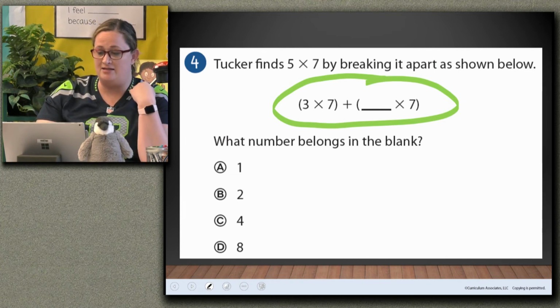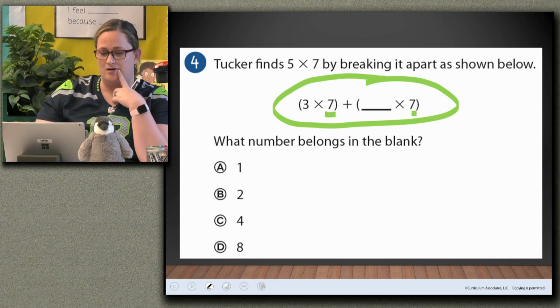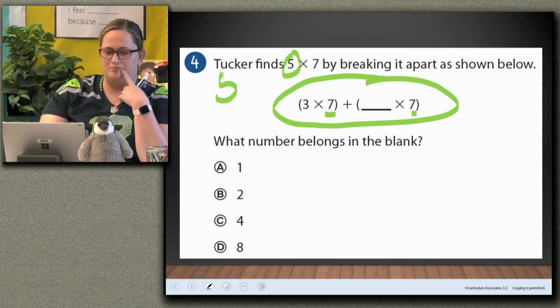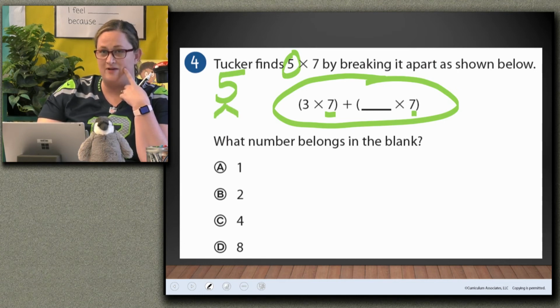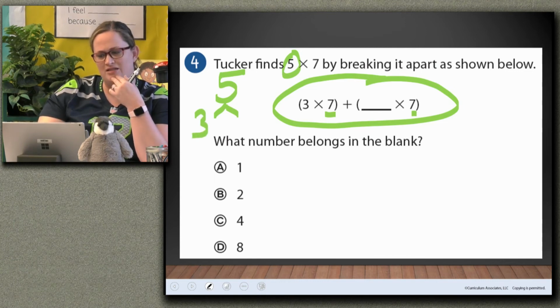I agree, Pebble, it's not 7 because 7's the same there. So it must be the 5. Okay, so he decomposed 5. What did they decompose 5 into? A 3? And then what? What's the other decomposed part of 5 that we need to use?